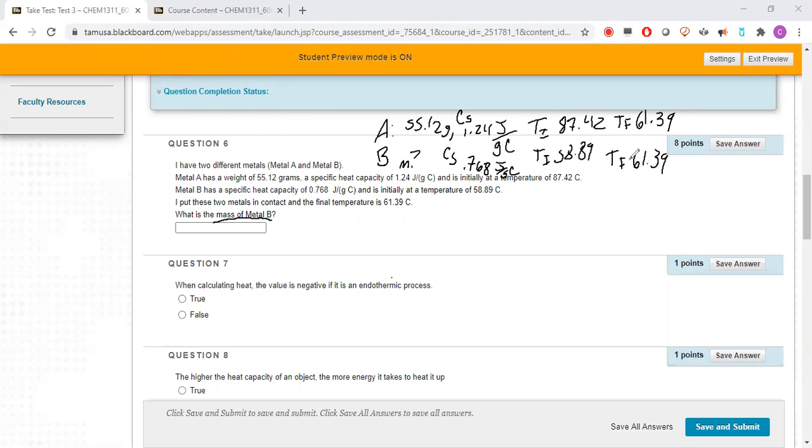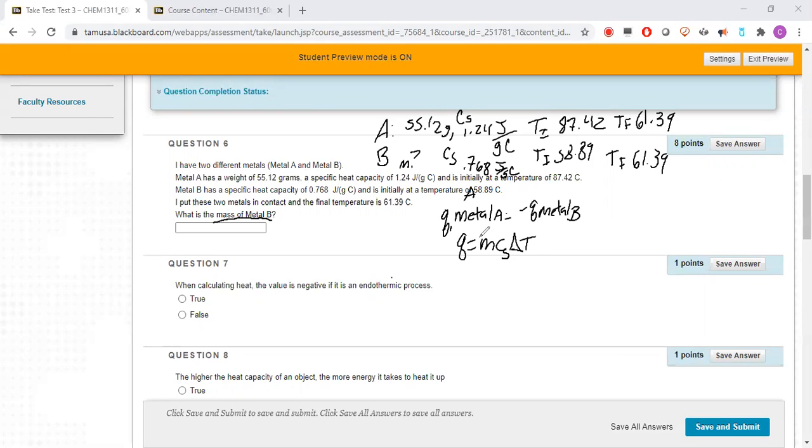So the equation we need is the heat of metal A equals negative the heat of metal B. Any heat lost or gained by metal A has to be absorbed or released by metal B. And Q, if you remember, Q equals m Cs delta T, where Cs is our heat capacity.